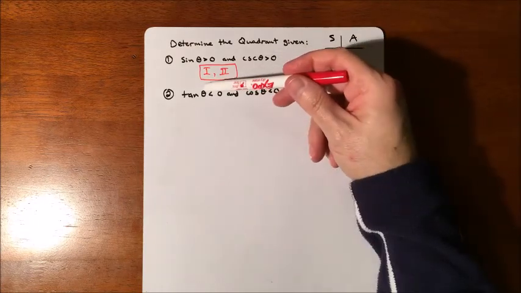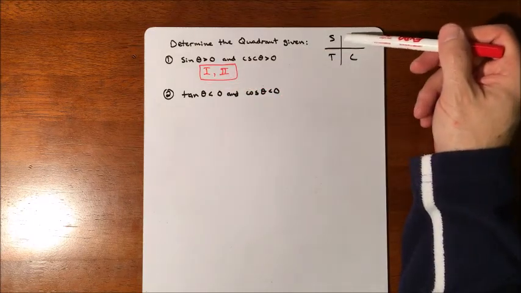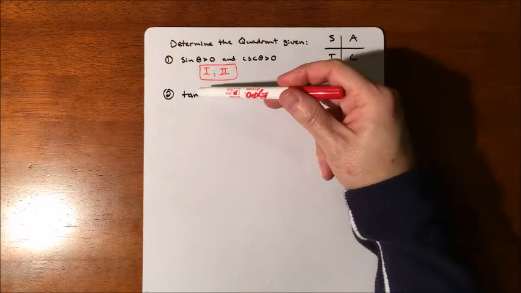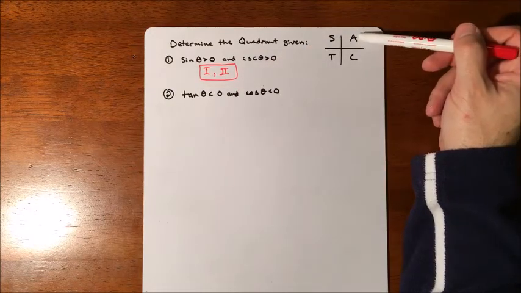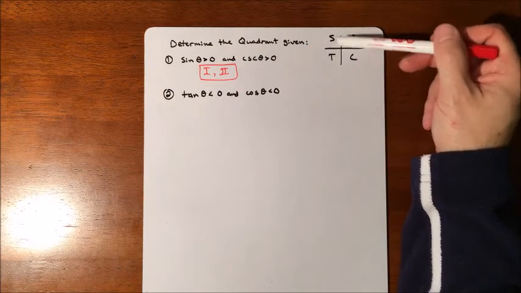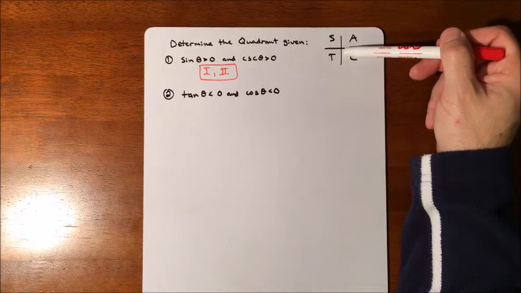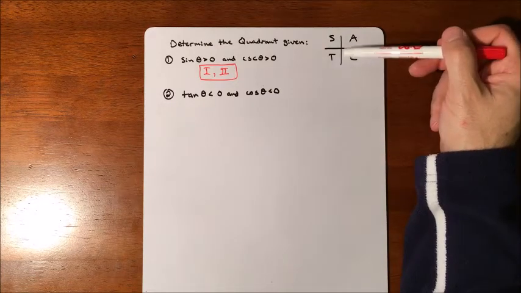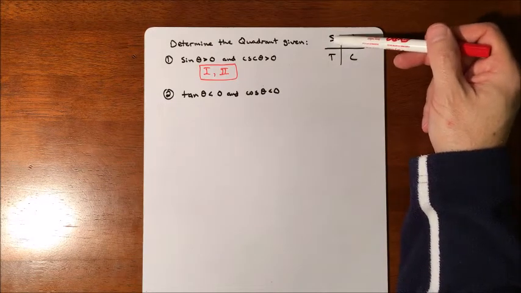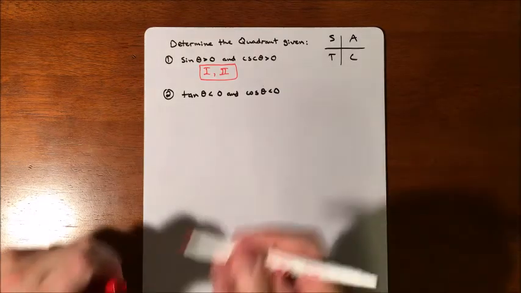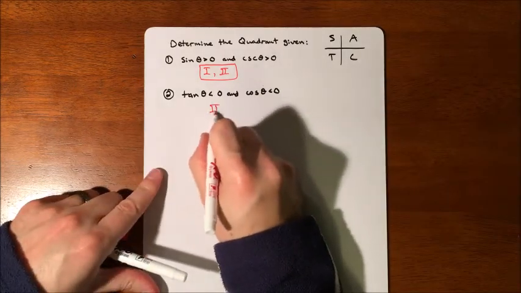So cosine being less than 0, tangent being less than 0. Tangent's positive here and positive here, so it would be negative in these two quadrants. But cosine needs to be negative as well. That's in this quadrant, because sine is your only positive in that quadrant. So tangent and cosine would be negative in that quadrant, so the only possibility would be quadrant 2.